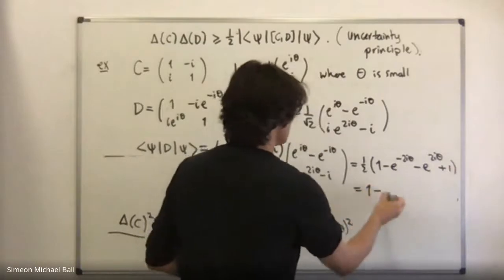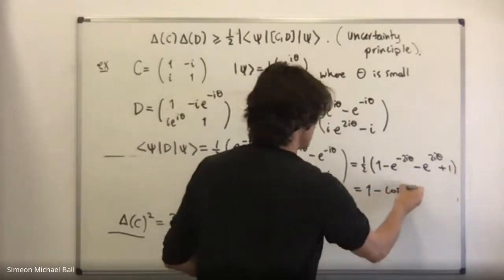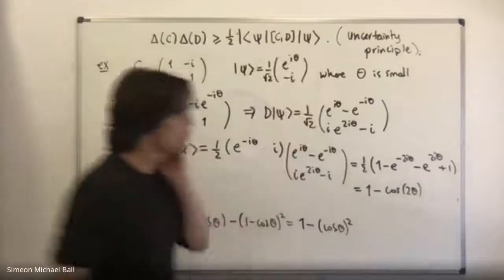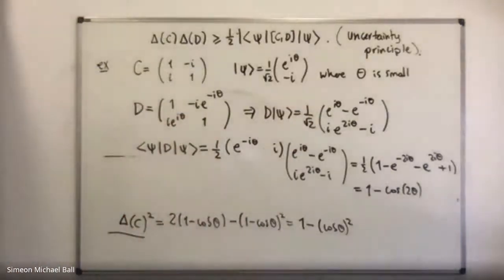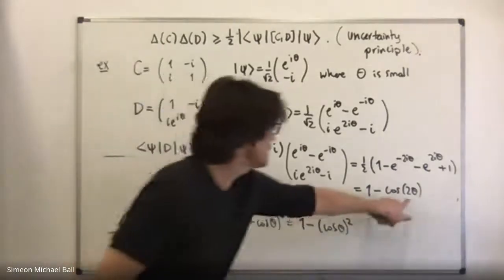This is exactly the same as we had before, so we can skip all the way to the end, just replacing theta with 2 theta.